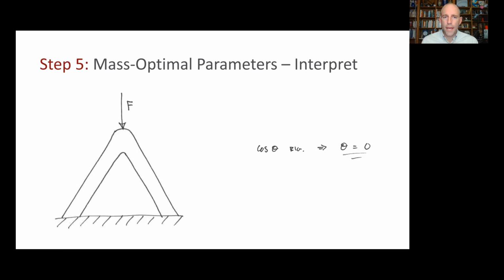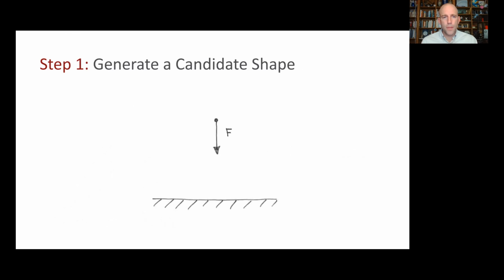So what I'd like you to do now is, thinking about this, go back to our original problem scenario, and we're going to go back to step 1 and generate some more candidate shapes. And generate, again, 5 or 10 candidate shapes. Do that independently first, then discuss the results with your partner, and then come back. And you can hit pause now.